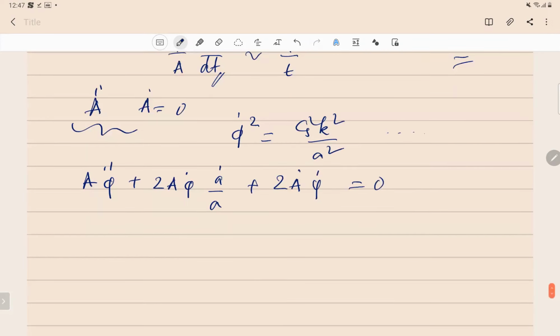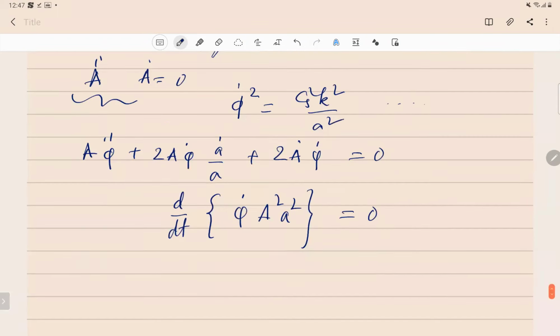And after some simplification, you can write this as d/dt of phi dot A square equals 0. So you immediately have phi dot A square equals a constant. So you get phi dot equals some constant K by A square.